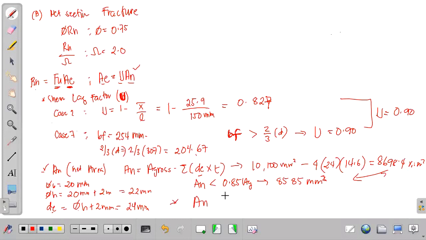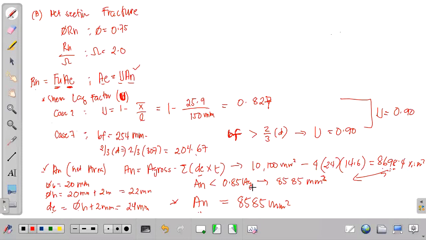Yung net area natin. Ang na-solve nating net area is 8698.4, which is actually greater than 0.85 of AG. So we will use the value of AN that is equal to 8585 mm squared. Okay?